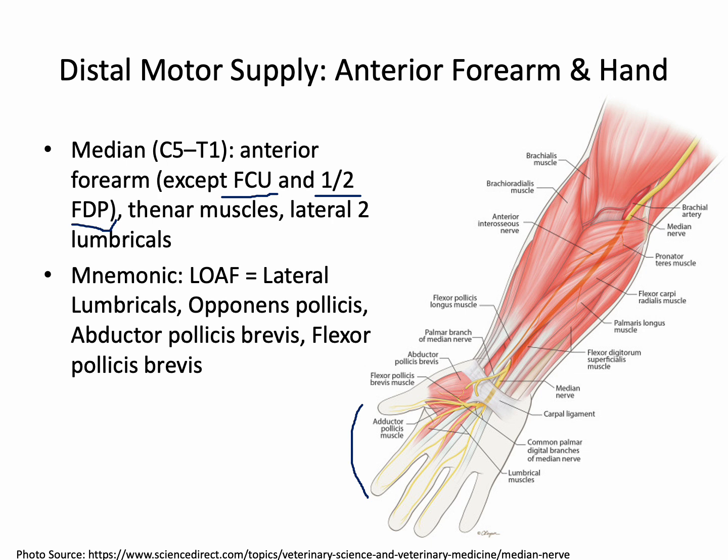For opponens pollicis, we really can't see it from this picture because it is the muscle directly underneath the abductor pollicis brevis. So next we have A. A stands for abductor pollicis brevis, which is right here. And lastly, F stands for flexor pollicis brevis, right here.